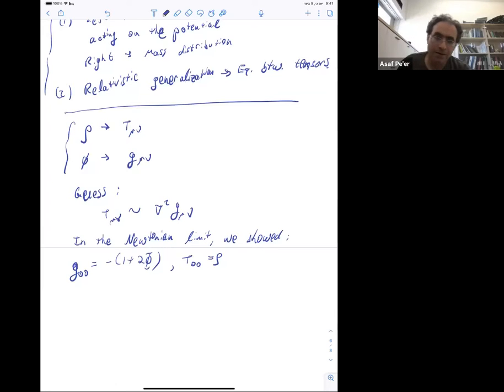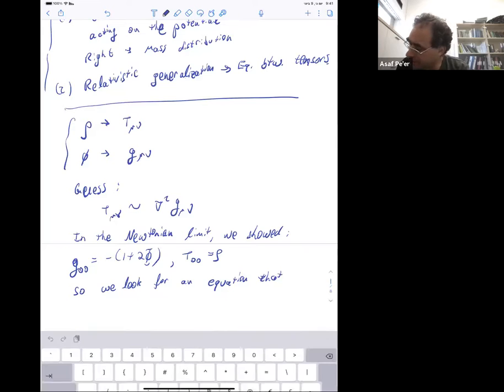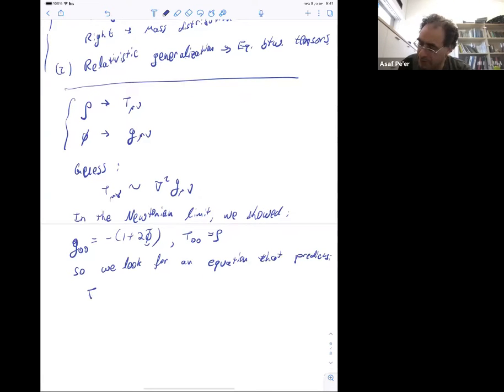So we end up looking for an equation that predicts something like nabla squared h00 is minus 8 pi G T00, where h00 is just 2 phi.